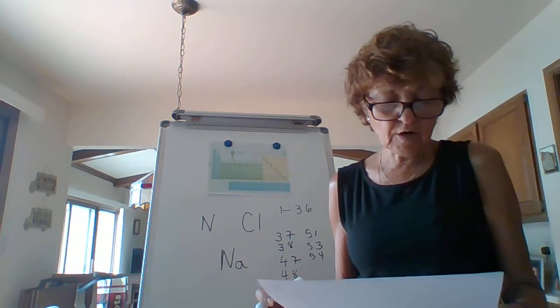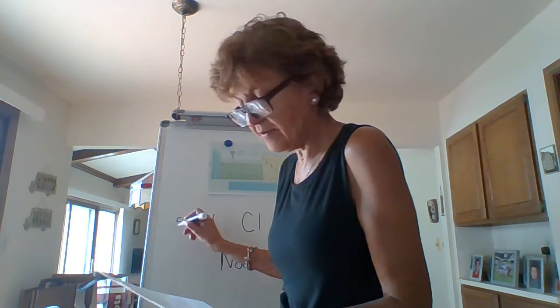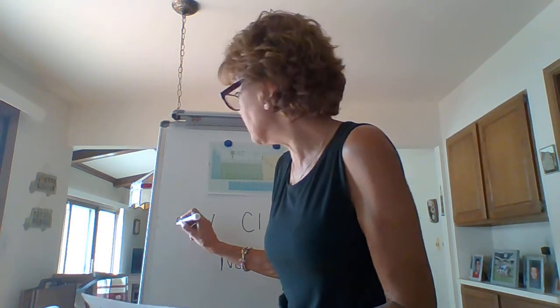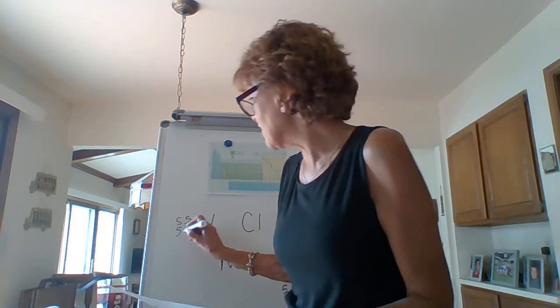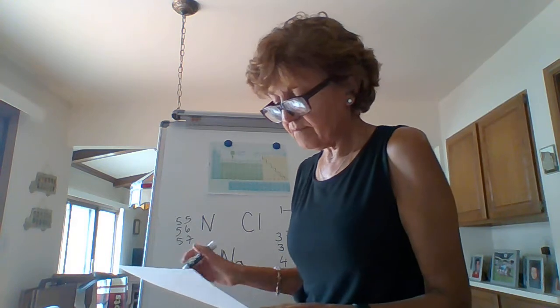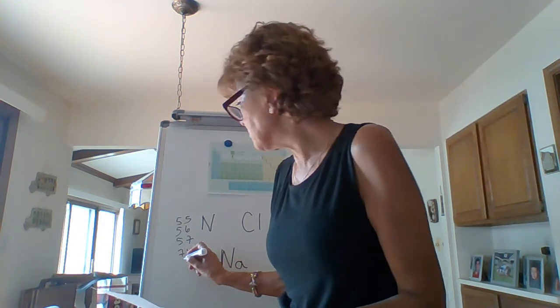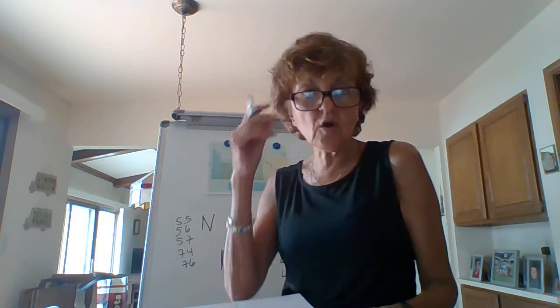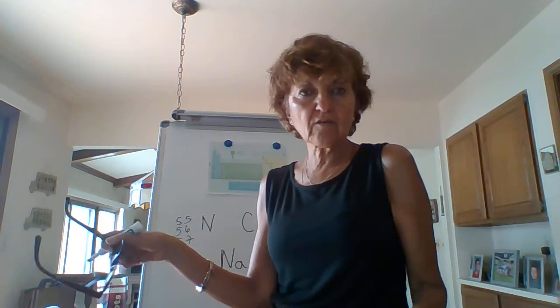Out of the 6th row, you should probably know cesium, which is 55, and barium, 56. You should know lanthanum, 57, tungsten, 74, osmium, 76. And when I say know, I mean if I write OS, you should know that that is osmium.